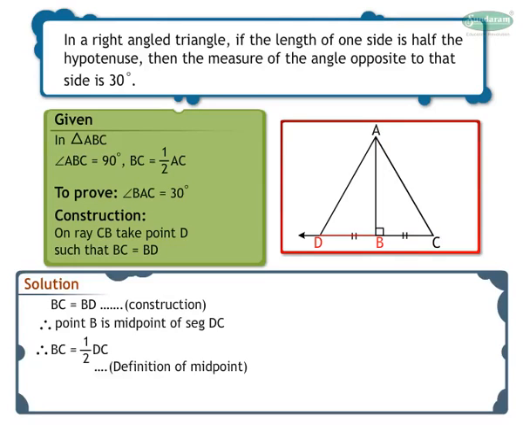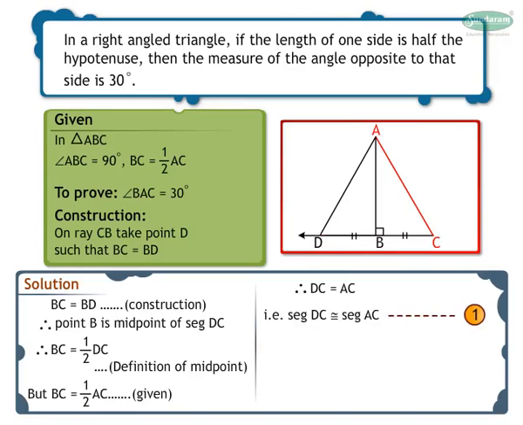Therefore, according to the definition of midpoint, BC is equal to half of DC. But it is also given that BC is equal to half of AC. Therefore, DC is equal to AC. That is, segment DC is congruent to segment AC. Let us mark it as statement 1.